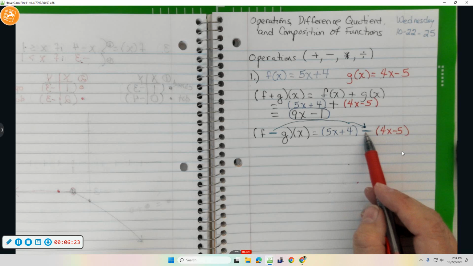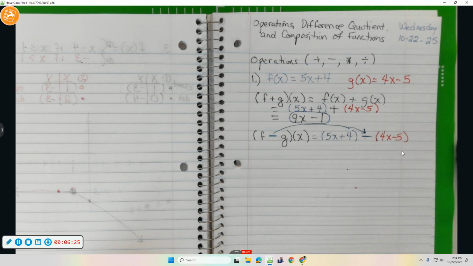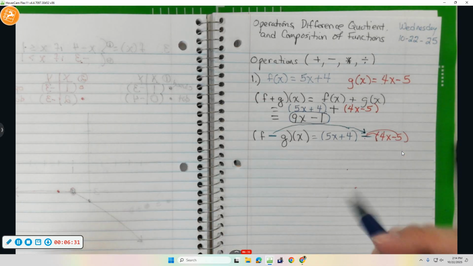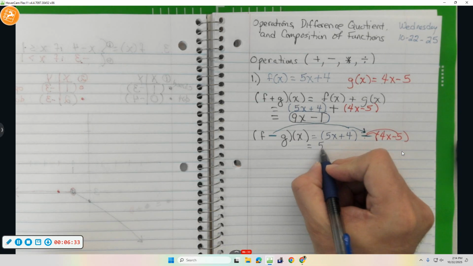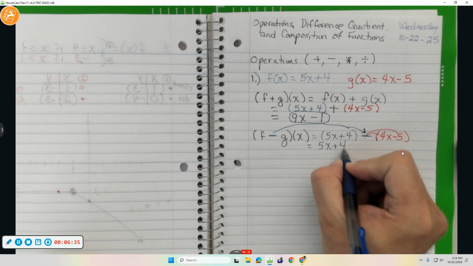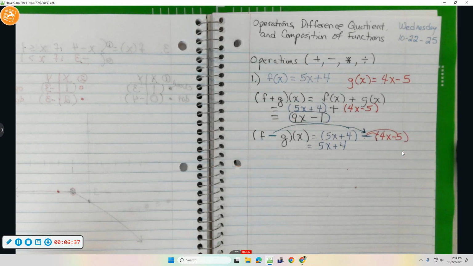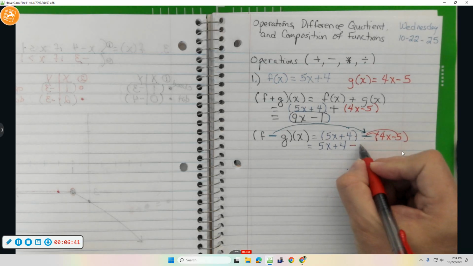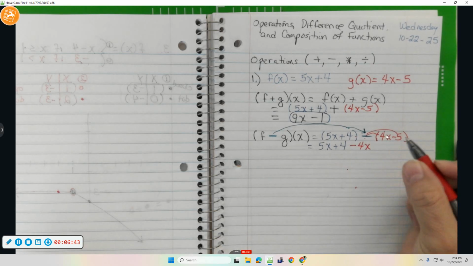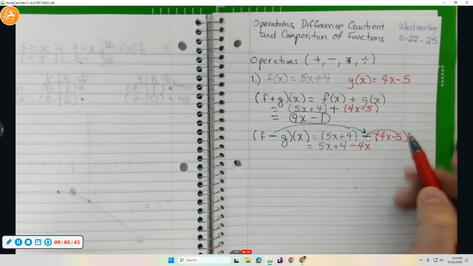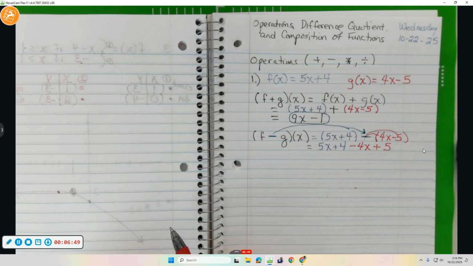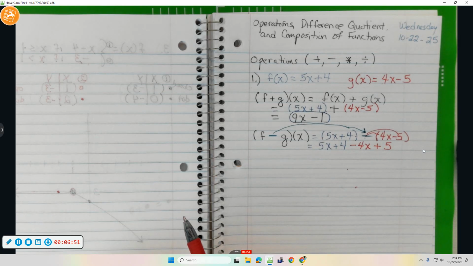When you have a minus in front of parentheses, what do you have to do there? Distribute? Yeah. So I'm going to write it now without any parentheses. So 5x plus 4. That first set of parentheses has nothing in front of it to distribute. Those are unnecessary parentheses. But the second set of parentheses, they're necessary because you got to distribute that minus, hence changing the signs on the 4x minus 5.